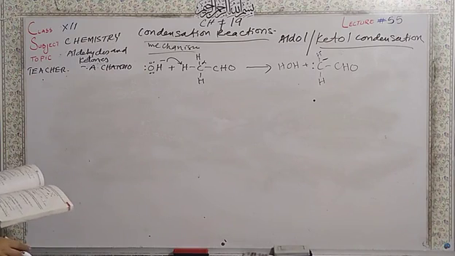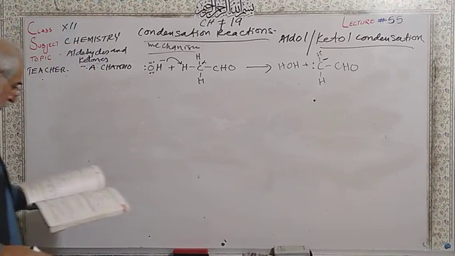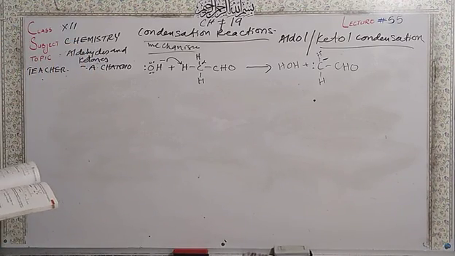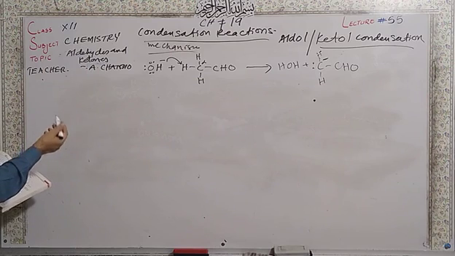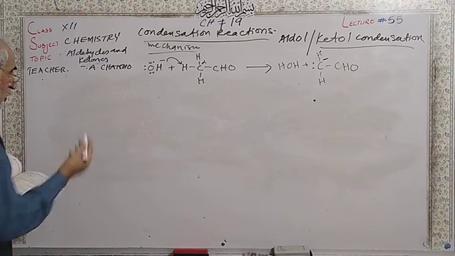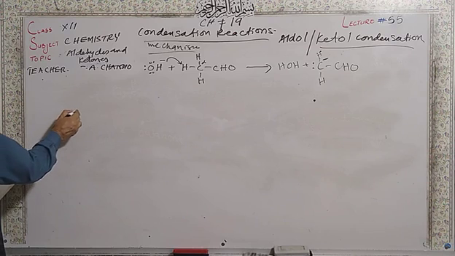The nucleophile on the carbon atom attacks, forming the alkoxide. We use 2 molecules of the same aldehyde in the aldol condensation. So this is the second molecule.